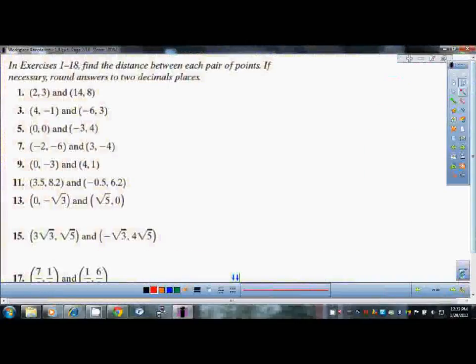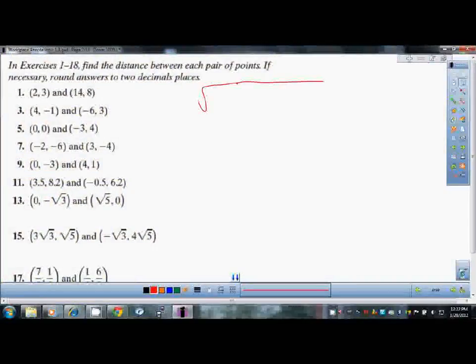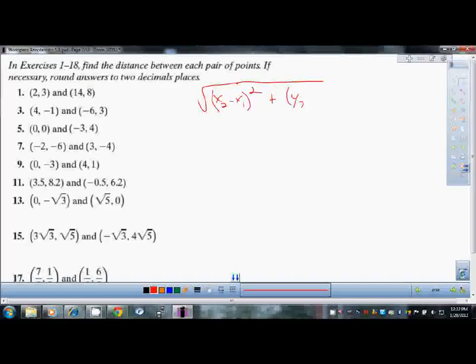Distance formula. The first bunch of problems you have is literally just distance, which is the square root of x2 minus x1 squared plus y2 minus y1 squared. Then you just have to remember how to do it.